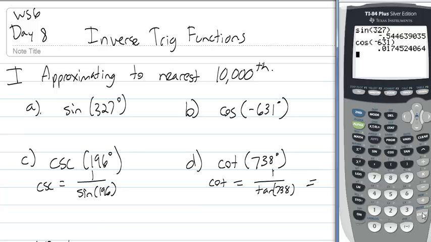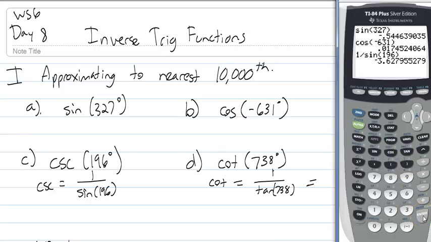0.0175. And then for cosecant and cotangent, there's no button for cosecant or cotangent. So when you have the angle, you just type in 1 over sine, because cosecant's the same thing as 1 over sine. So I'm just going to do 1 divided by sine of 196.